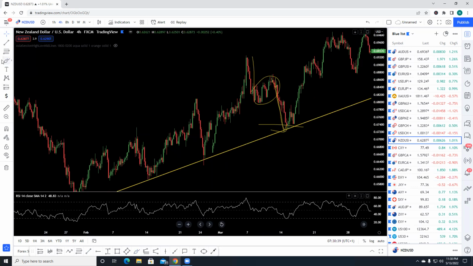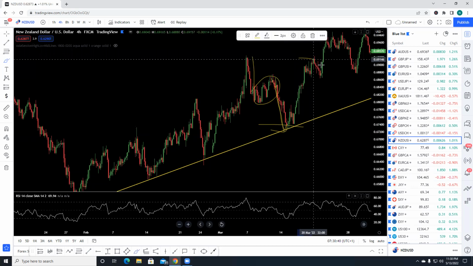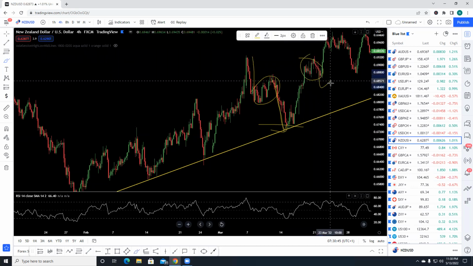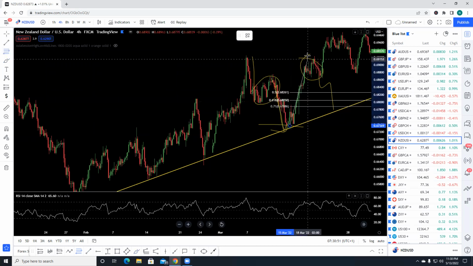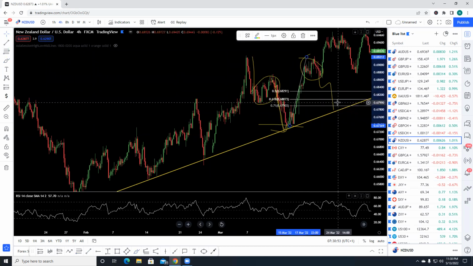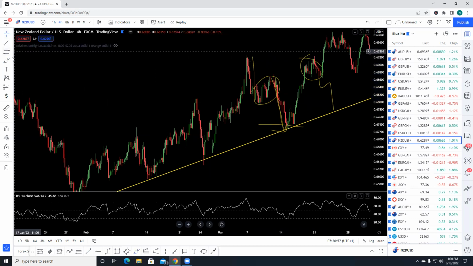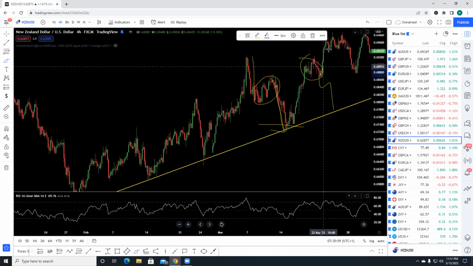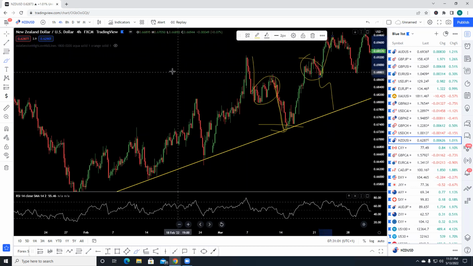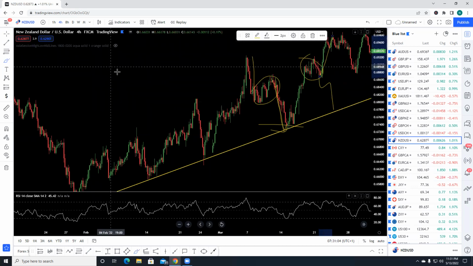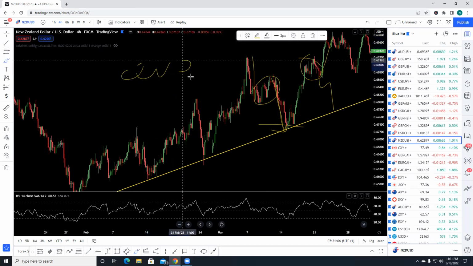You can see at this stage here, see the consolidation. Supposing this consolidation now breaks towards this trend line, we'll be looking for buy again. Just take your fib from here to here, get your 61.8, take it. But now, instead of it to break to the downside, it broke to the upside, and that is a sign that this trend is over.